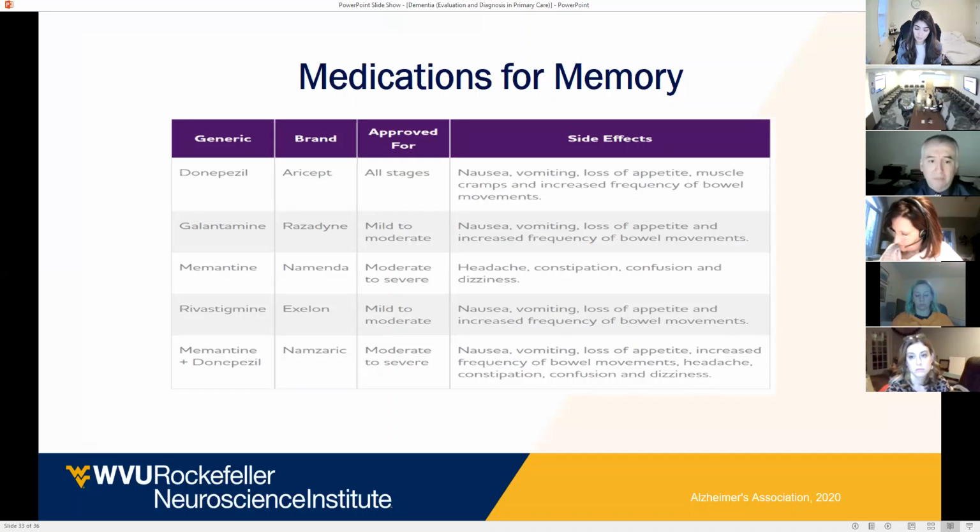That's something we have to be very careful about. And don't stop the medication abruptly. If you have decided to stop the medication because there's a progression of memory problems, you have to taper the medication, of course. And again, every time you prescribe this one, let the family members and the patient know about the possible GI side effects. Next one.